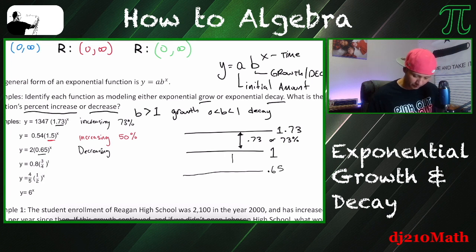How much did it go down? It goes down 0.35. That's the distance. If you start at 1 and you count down to 0.65, you would have moved 0.35, or 35%. So it's decreasing by 35%.